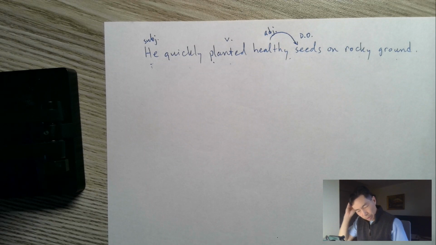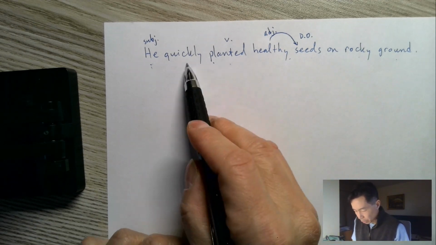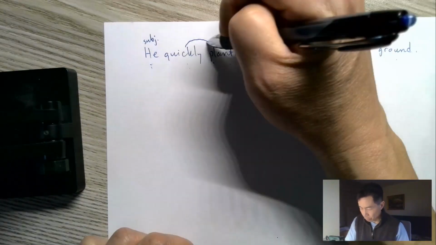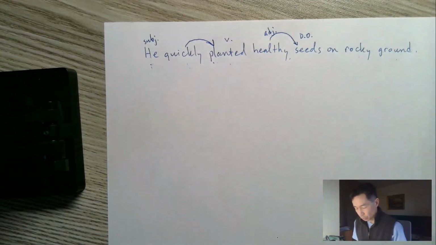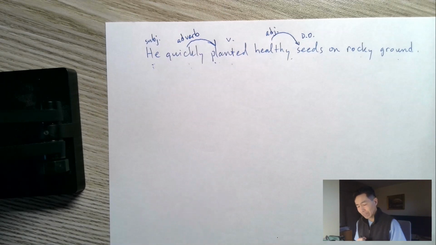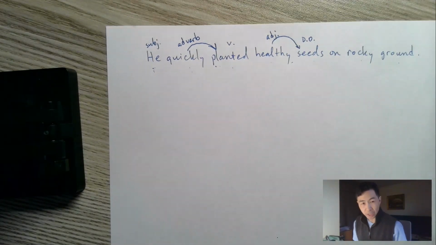So quickly is a word that is modifying planted. It's telling you in what manner the seeds were planted. So we call that an adverb. And since it's modifying planted, you can probably guess already how we're going to diagram that, where it's going to be placed.